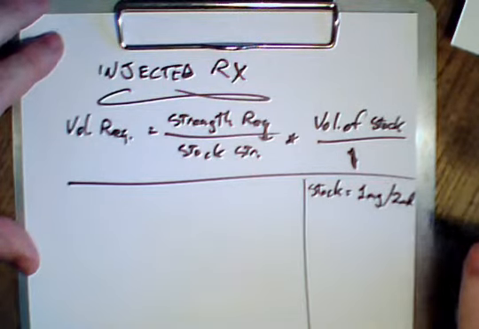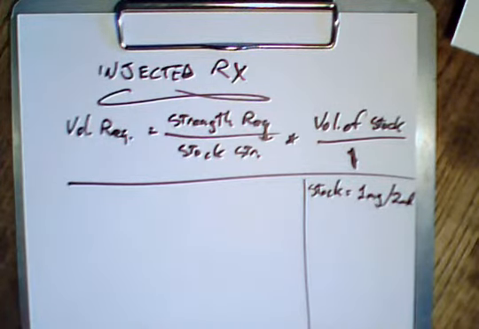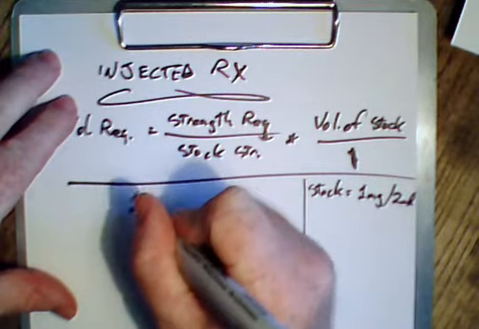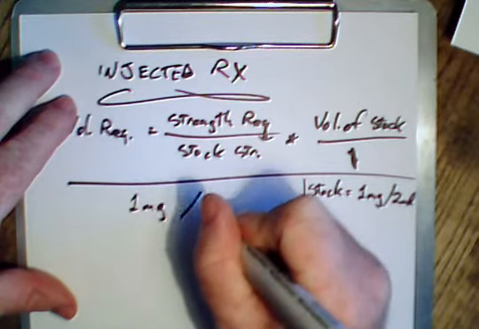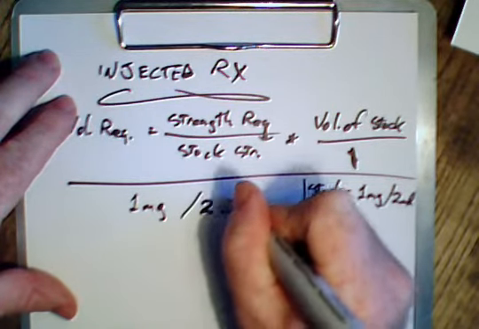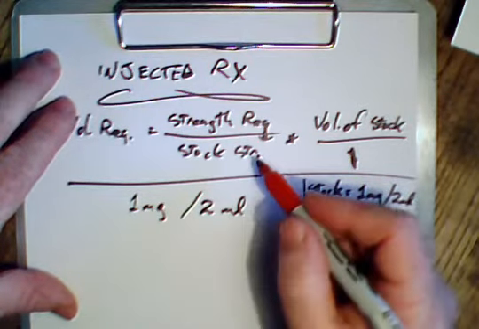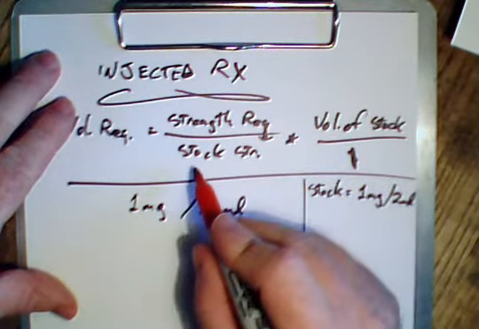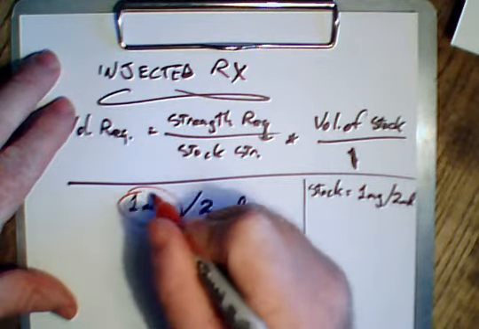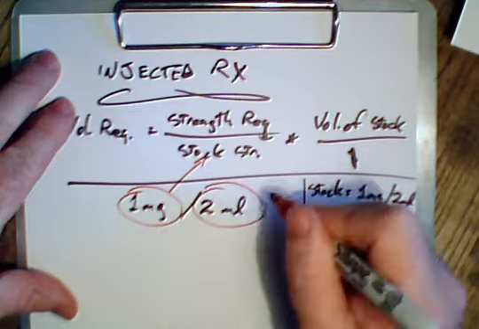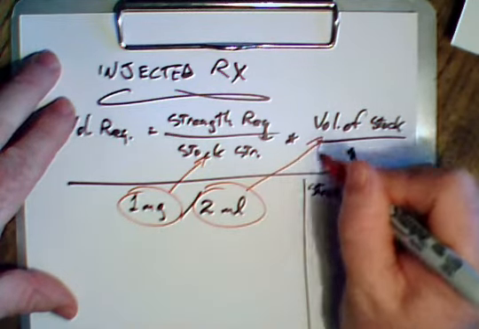Now that's important, because that 1 milligram per 2 milliliters is directly fed into our formula here. So the stock strength is 1 milligram. The volume of stock is 2 milliliters.